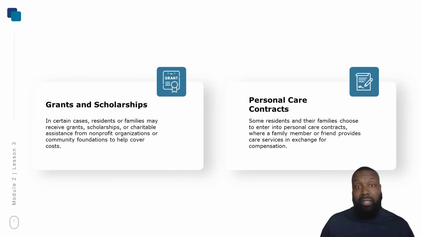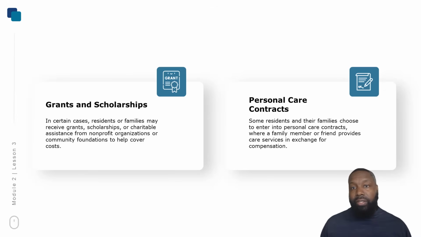You can have facilities in different states. If your policies and procedures are airtight, you can run this in multiple states and it won't be a problem. You just need to know what to do when you're hiring people and what to look for in your managers. We'll talk about that in a little bit, but I don't want to get ahead of myself. But your personal care contracts.